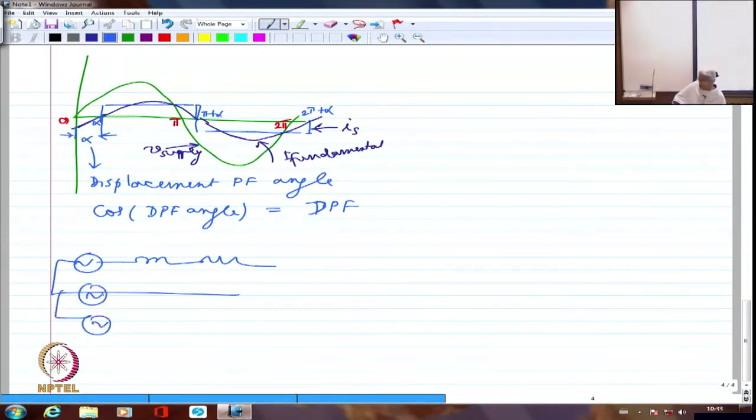If it is a three-phase, everywhere I will have some transmission line impedances. All these things are going to carry this harmonic current. So R multiplied by that harmonic content of the current will give me some harmonic voltages, whether I like it or not. So there will be a lot of harmonic voltage generation. Although my generator, poor fellow, is trying to generate purely sinusoidal voltage, I have generated all these harmonics.